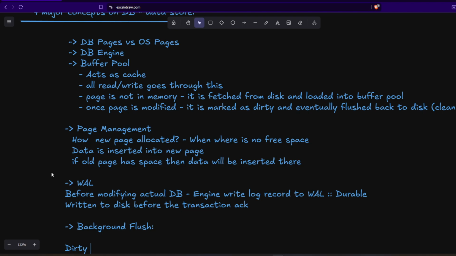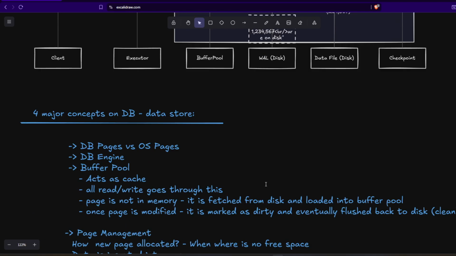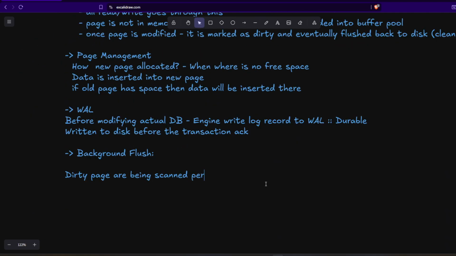So the dirty pages are scanned periodically, as we have seen over here, and F-synced into our persistent disk. This improves performance and allows batch writes, and we can generally control it. So this is very useful for the overall system.